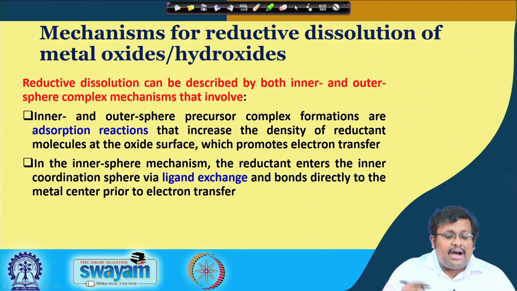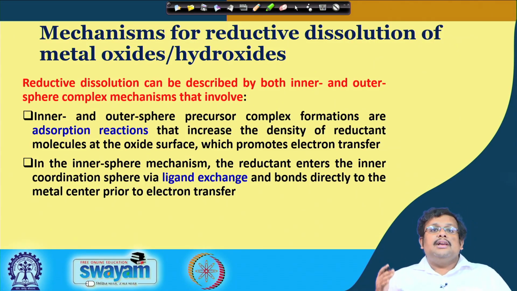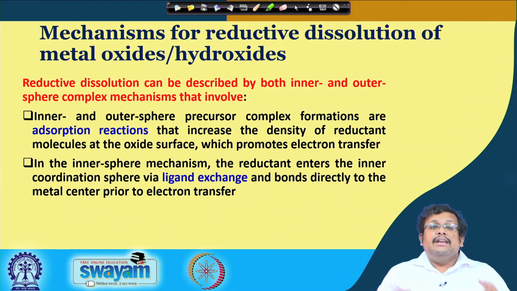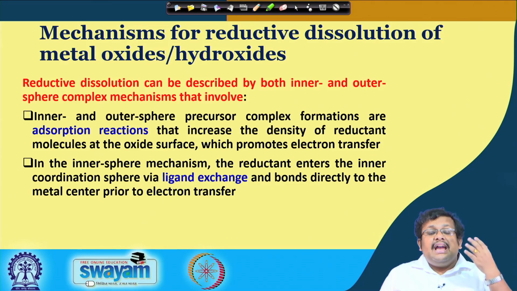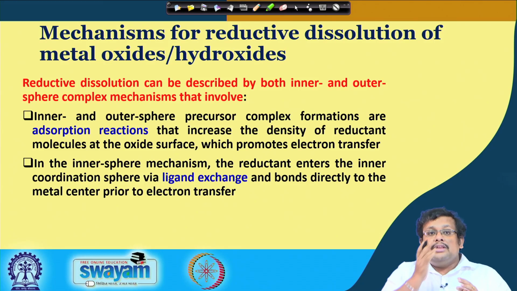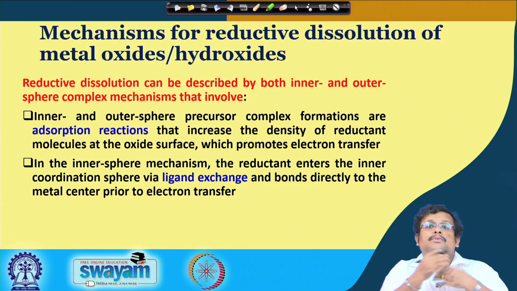So, the reductive dissolution can be described both in terms of inner and outer sphere complexes. Inner and outer sphere precursor complex formation is the first mechanism. Precursor complex formations are adsorption reactions that increase the density of the reductant molecules at the oxide surface, which promotes the electron transfer.